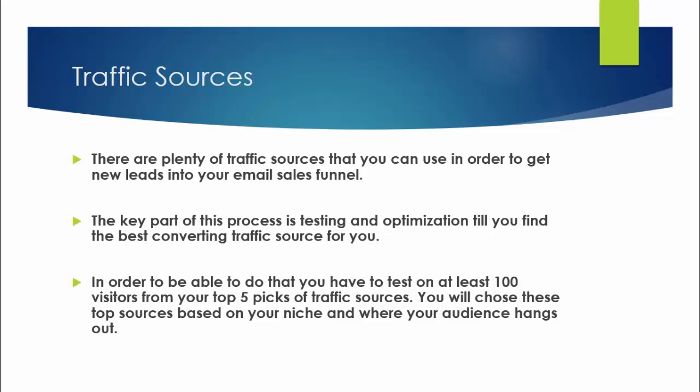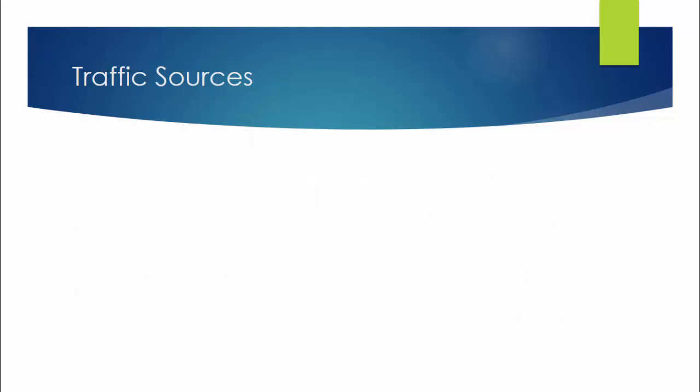You test on 100 visitors from each of them, and you see which one performs the best. You will choose these top sources based on your niche, because as I've told you, it depends on the niche and where your ad audience hangs out.